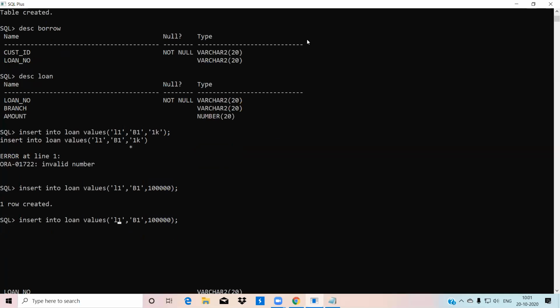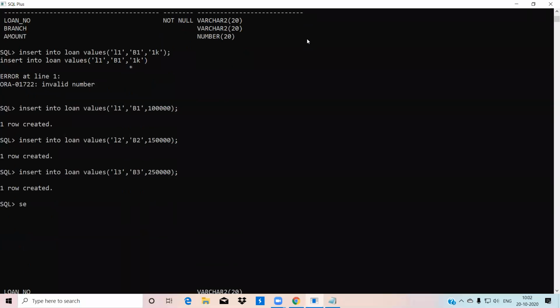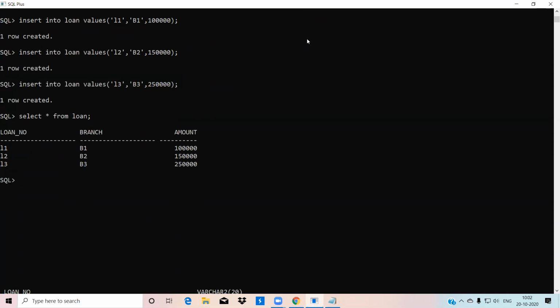Same for L2, B2, and L3, B3. Select star from loan. So check out, we have already created the loan table.